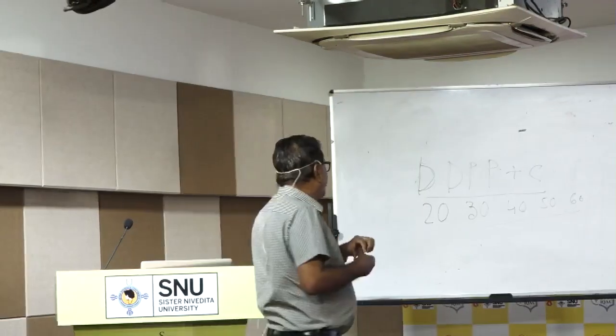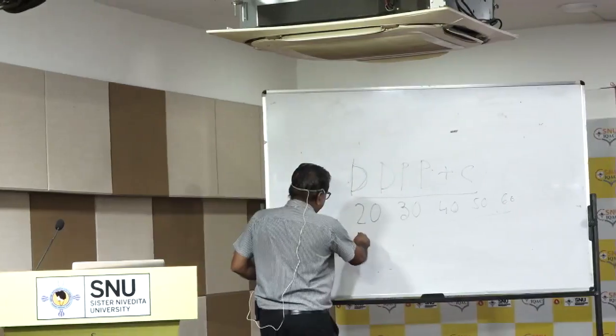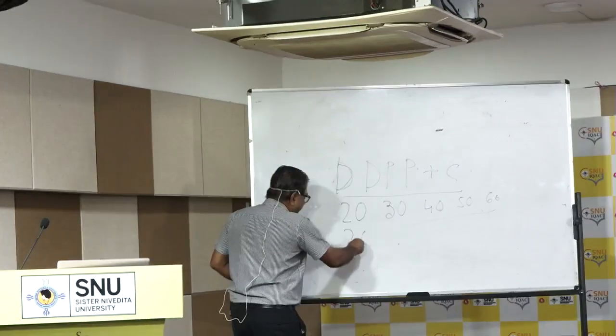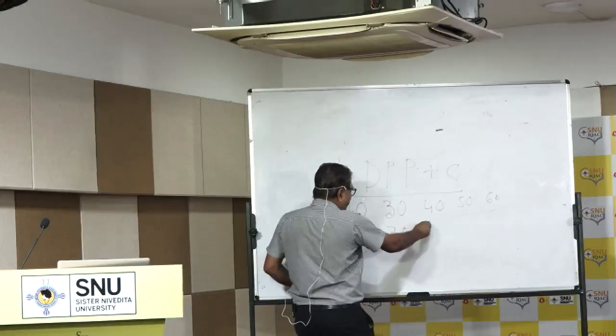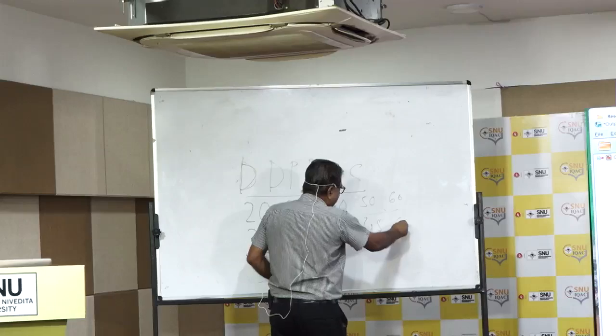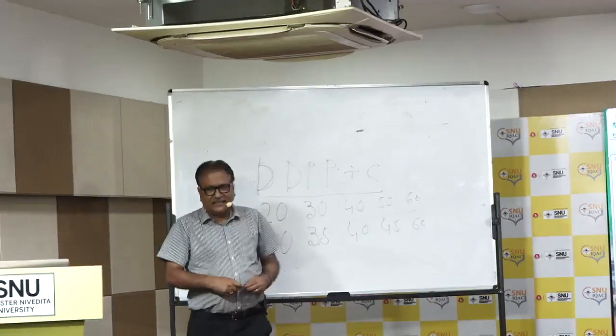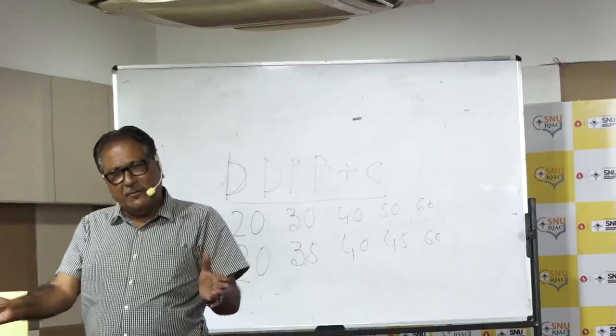Now the problem starts. I change the data set: 20, 35, 40, 45 and 60. So what is the change? The minimum and maximum are the same.